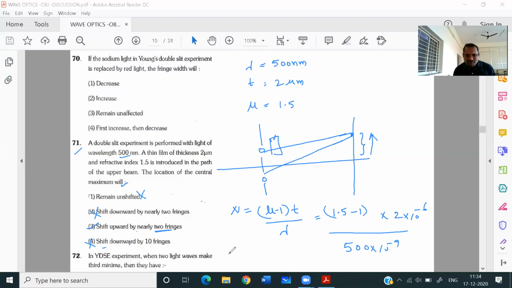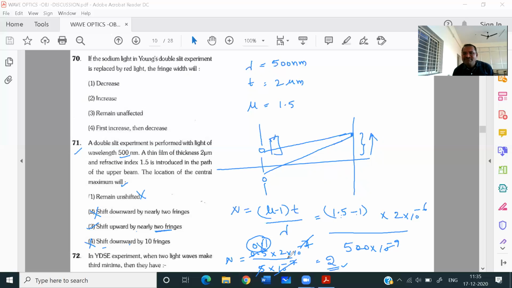So 1.5 minus 1 is 0.5, 0.5 into 2 into 10 to the power of minus 6 upon 500 into 10 to the power of minus 9 means 5 into 10 to the power of minus 7 upon 5 into 10 to the power of minus 7. These cancel, and you get exactly 2.